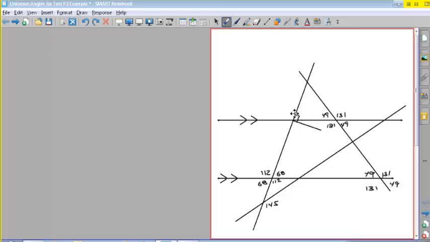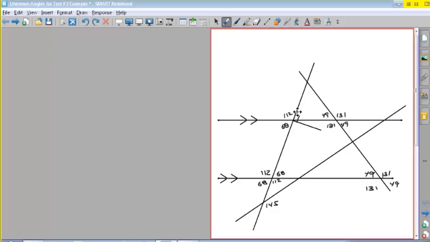Now we can go up here to the other parallel line. So the large angles are going to be 112, and the small angles are going to be 68. Now we have to kind of ignore this one for the time being. So if we just block that out, this is the parallel line, this is the transversal.